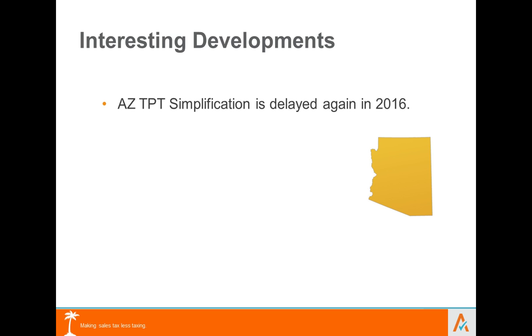So you can still find on a Google search all sorts of information about changes in Arizona for filing in January 1st, 2016 that has all been put off, guys. As of January 1st, 2016, in Arizona, home rule city filing and remitting, nothing changes.